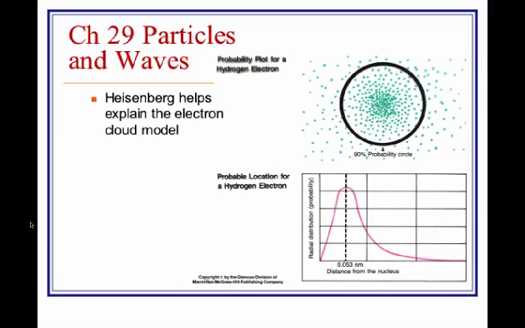So from that, we're able to solidify the idea that there's a cloud of electrons around an atom or a molecule, and that is really the important thing. Within a reasonable doubt, we can have a certainty as to where that electron is around an atom.